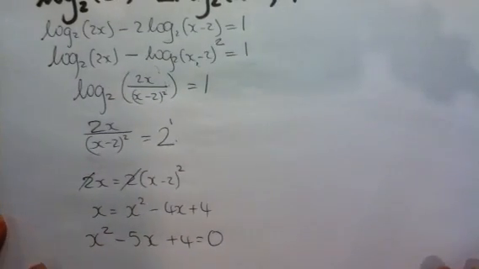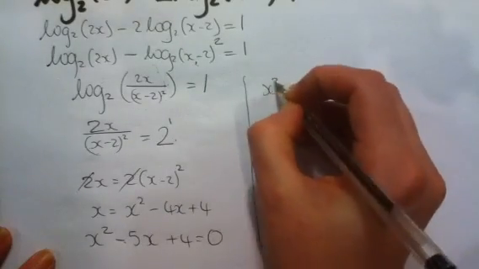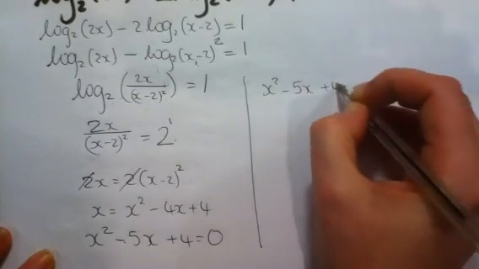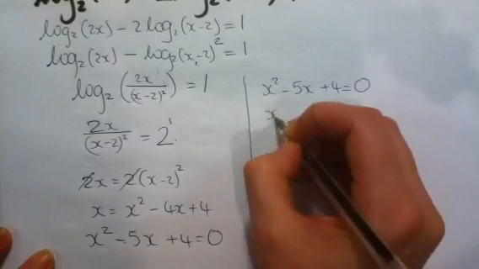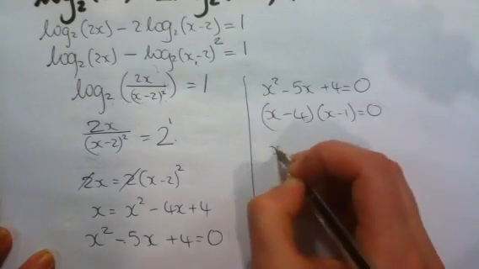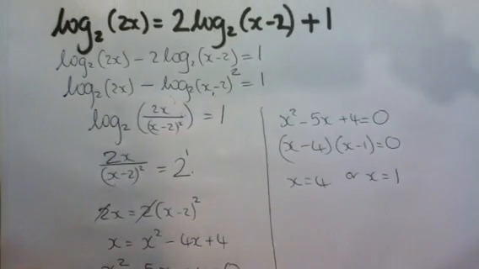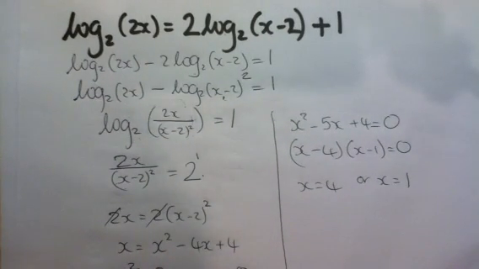And hopefully now I can quite easily solve this quadratic here by factorising minus 4 and minus 1. So x is 4 or x is 1. And in this case it was x that I was after. I haven't introduced a y or anything like that. So that's the answer, x is 4 and x is 1.